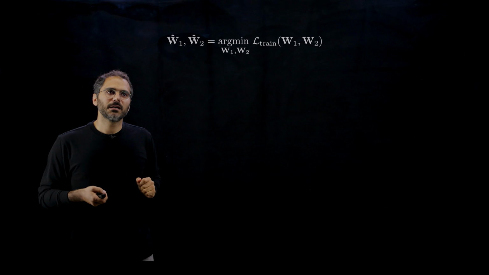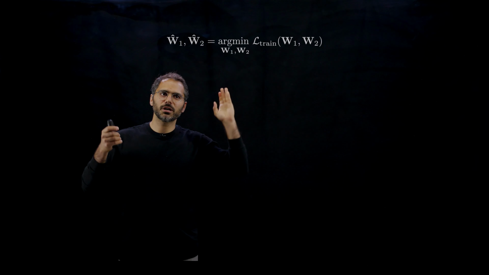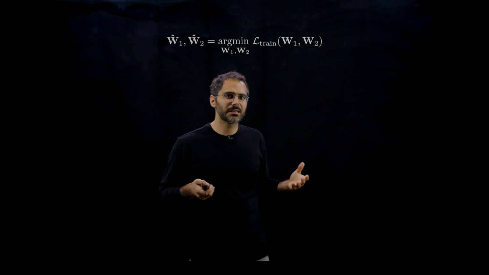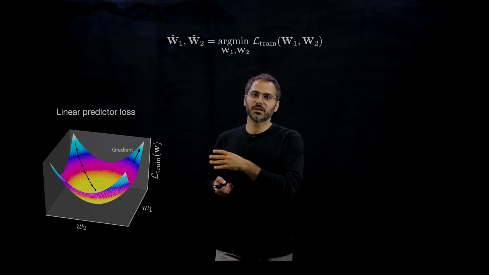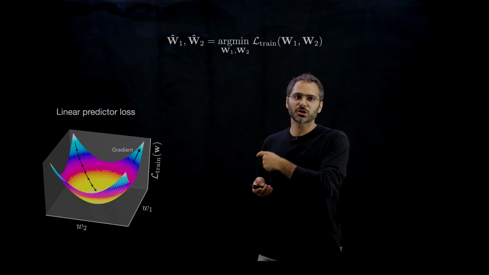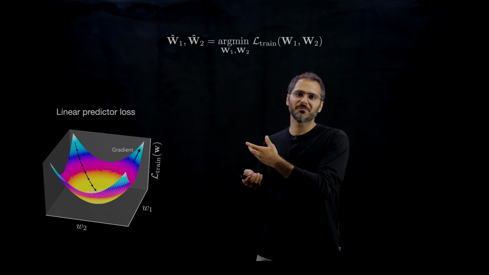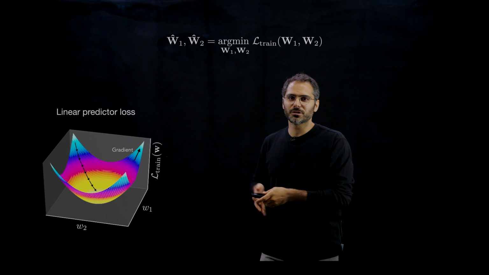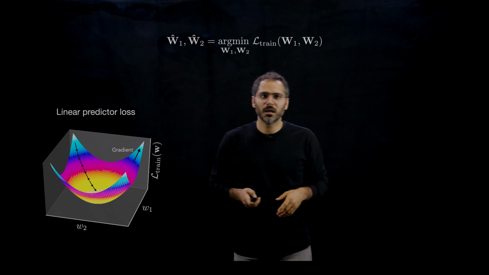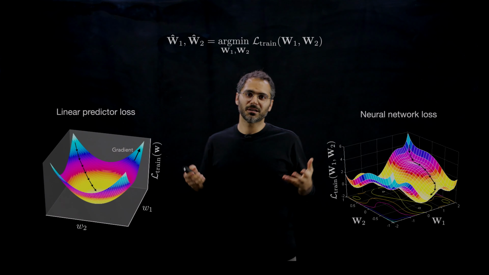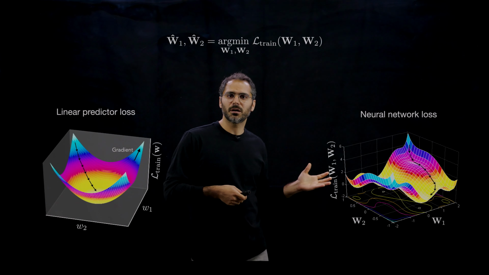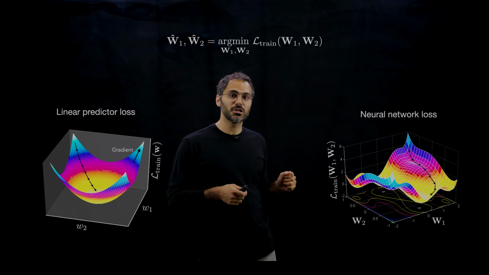All right. So we're trying to minimize this loss function. And as we explained last time, the loss function in the case of a linear predictor looks like a paraboloid. And all we need to do is initialize the w's to some value, and then we go down this paraboloid to the minimum. In the case of a nonlinear predictor like a neural network, this will be slightly different, because our function is not convex.